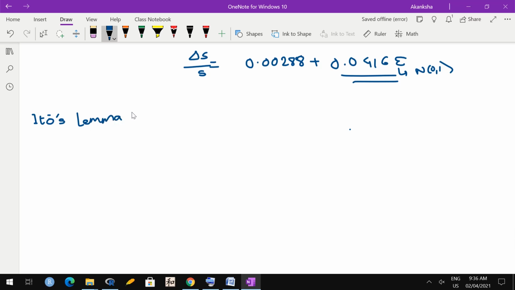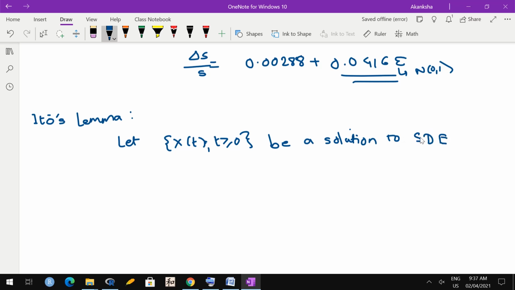Okay, Ito's lemma would help us go from a model for S to a model for any function of S. Let me write down the statement first. Let xt be a solution to the stochastic differential equation that we wrote earlier.